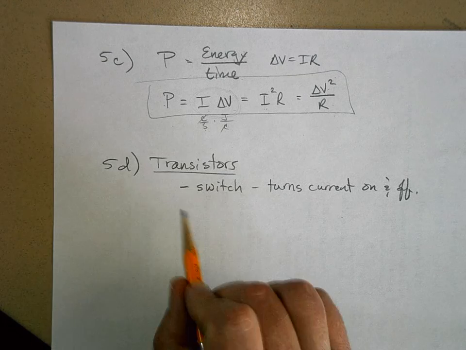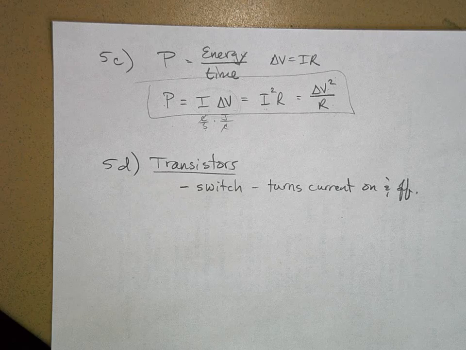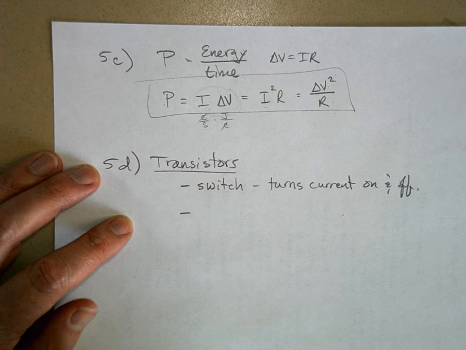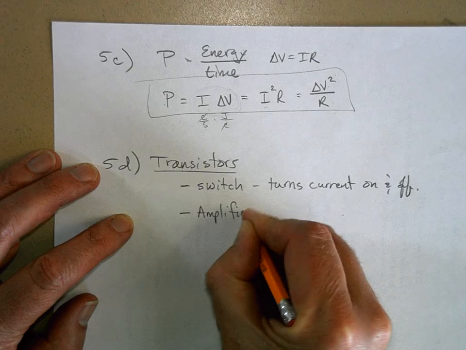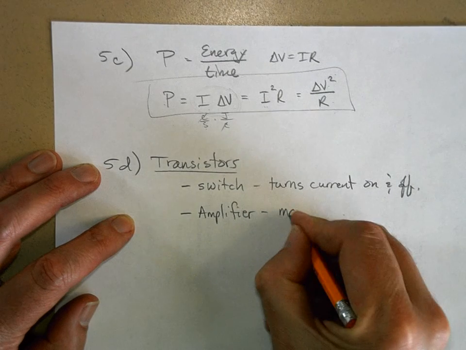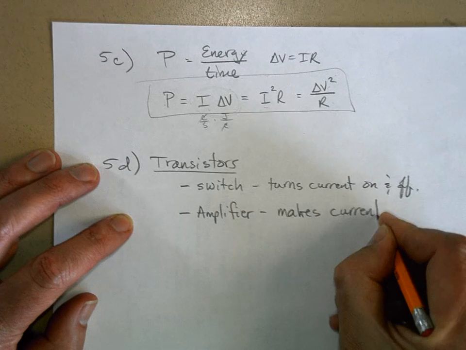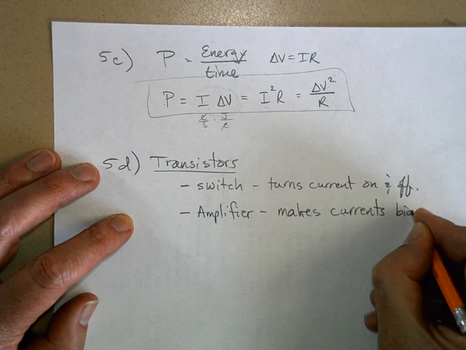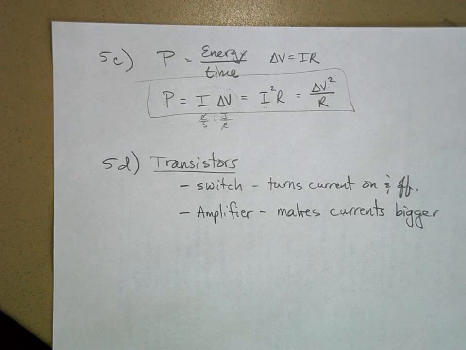Well, a transistor acts like a switch, but inside a circuit. You can turn a current on or you can turn a current off. It also acts as an amplifier. It makes currents bigger. If you have a little current, it can turn a little current into a lot of current.